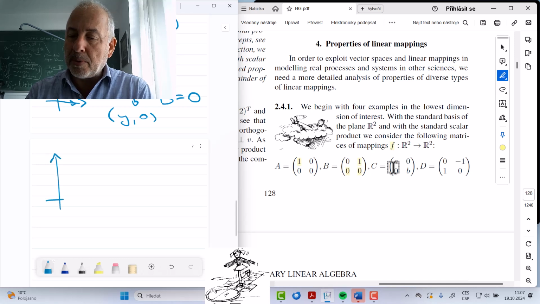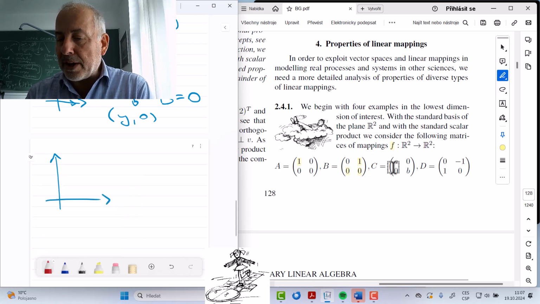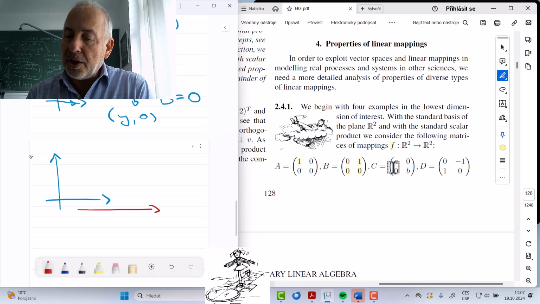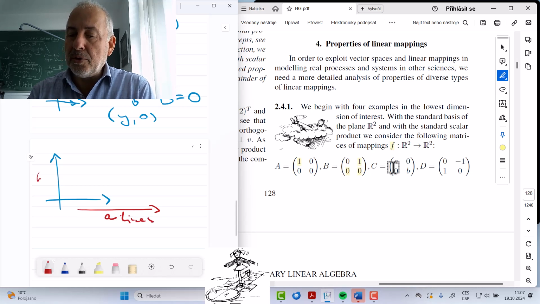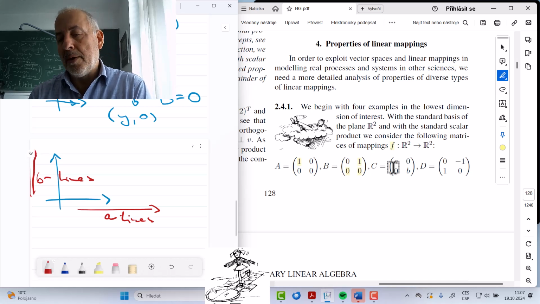C is a very simple thing, because I simply take the vector in this direction and I scale it, so that's A times, and here I do it B times. So it's nothing spectacular, just scaling.